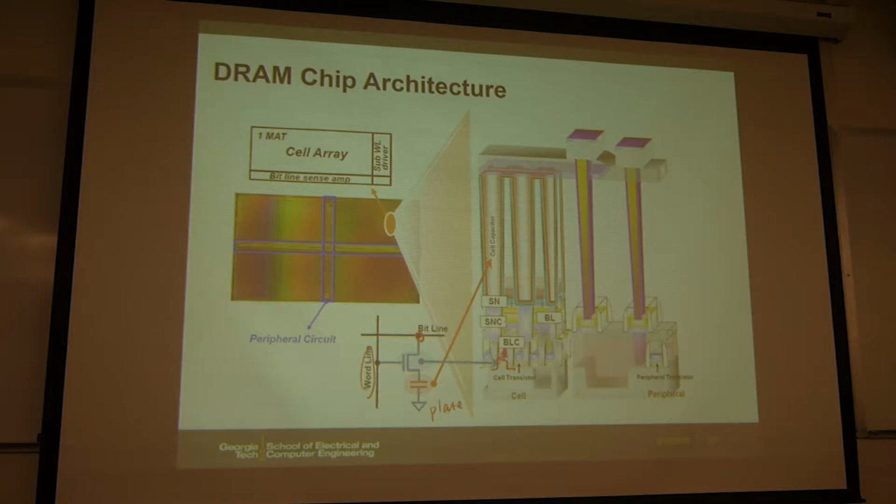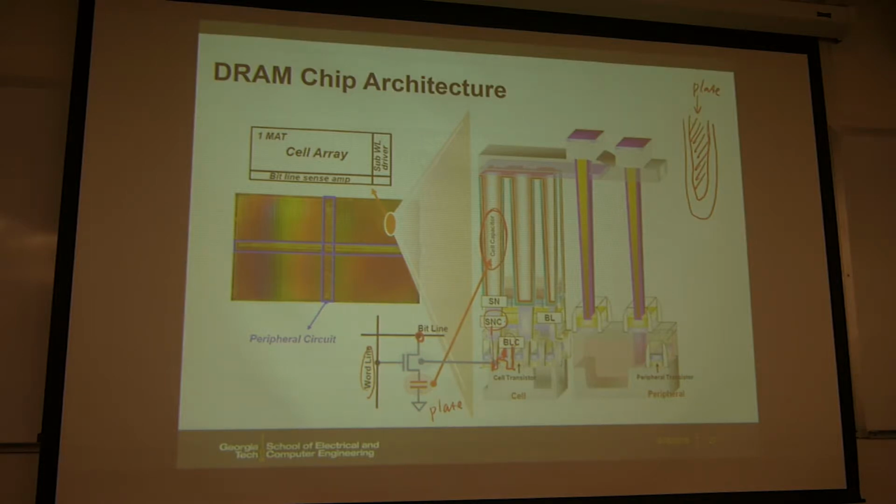And then the transistor source and drain. One side is connected to the bit line contact. The other side will go to the capacitor. And this SN is the storage node, where we store the data, where we store the charge. And then the capacitor is here. We have a very tall cylinder kind of capacitor there. If you look at it closely, it's actually something like this. This is one electrode, and this is the plate.